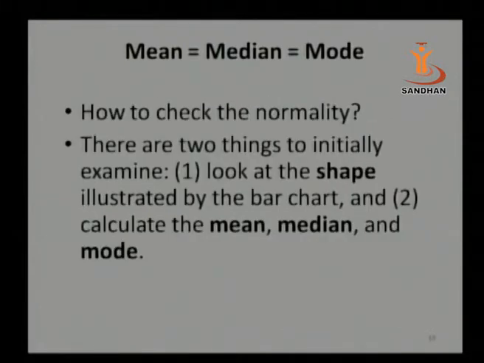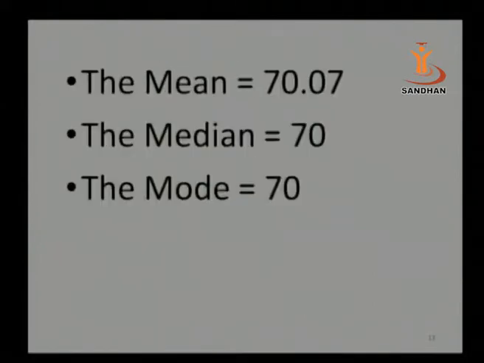The second point is to calculate the mean, median and mode. If the mean, median and mode are equivalent, meaning they are somewhat the same, then you can say that the data is following a normal distribution. In our case, the mean is 70.07, the median is 70 and the mode is also 70.